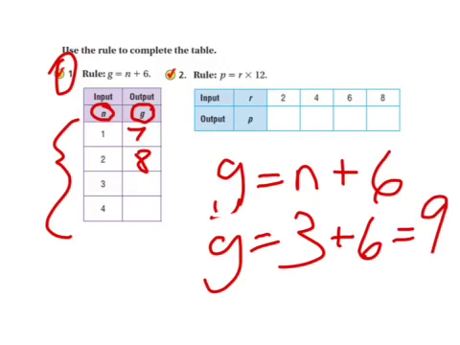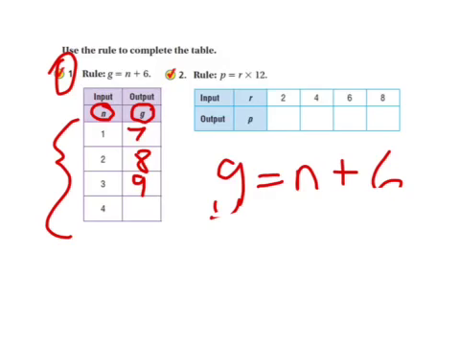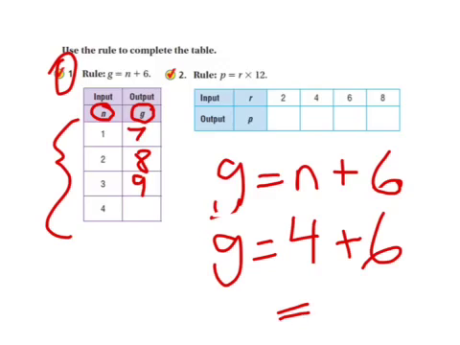So we put 9 on our table. And our next input is 4, so we replace n with 4, and we get g equals 4 plus 6, and that's 10. Now the outputs look really nice. You get a 7, 8, 9, 10 in that order, but it doesn't always work out that way.